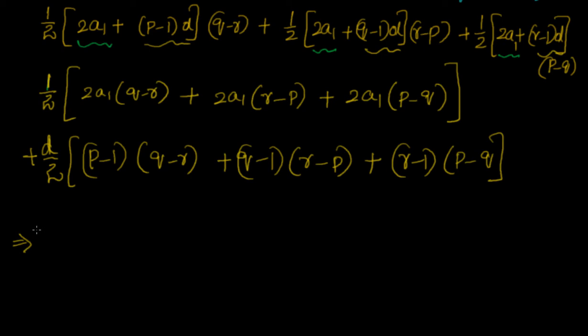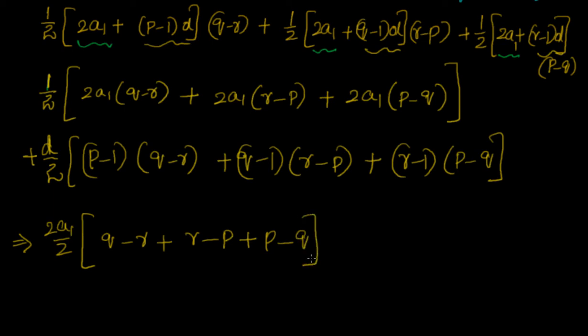Right. Now you can take 2a1 common there. It will become 2a1 by 2 into, I have q minus r plus r minus p plus p minus q. That will make this whole thing 0.